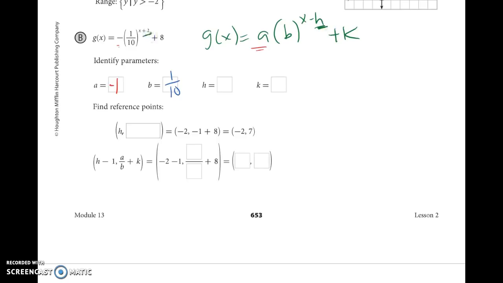Remember, we switch our sign for the h, so this is a -2. And for k, we keep the sign, so I have a +8. That makes k 8.